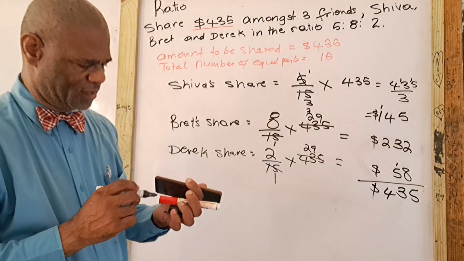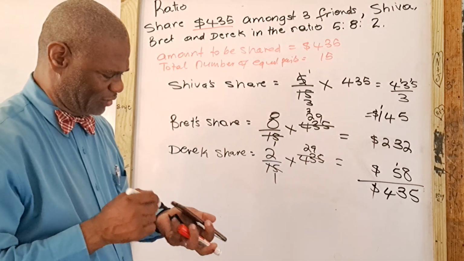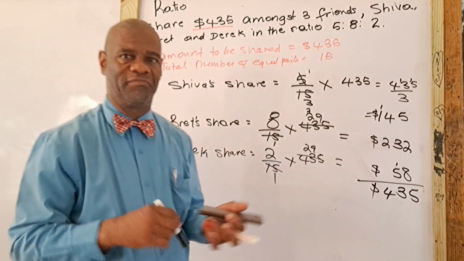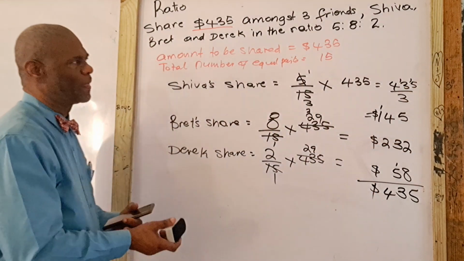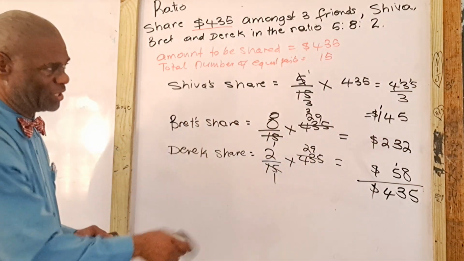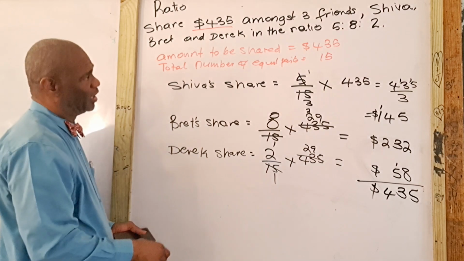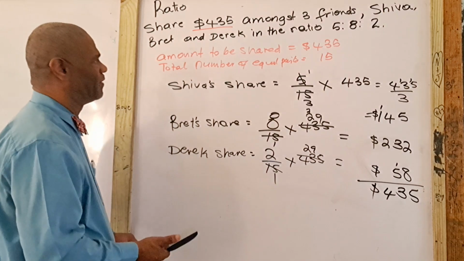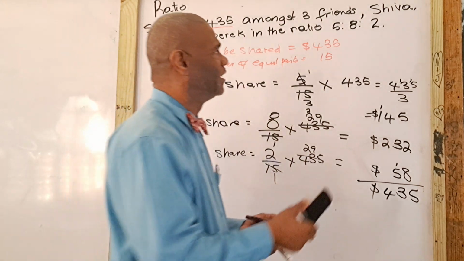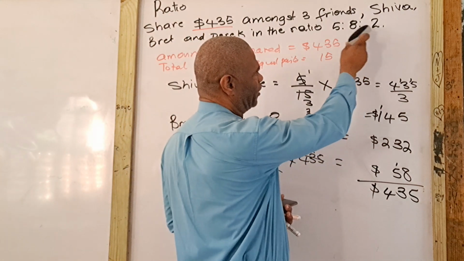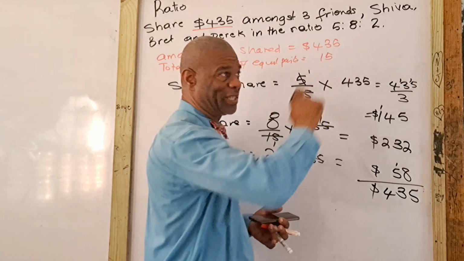Alright, so let's do another one, and then we call it a day. So that's 2 different ways you can work that. One, you can identify what one part is, and multiply that one part by the number of parts each person would get.